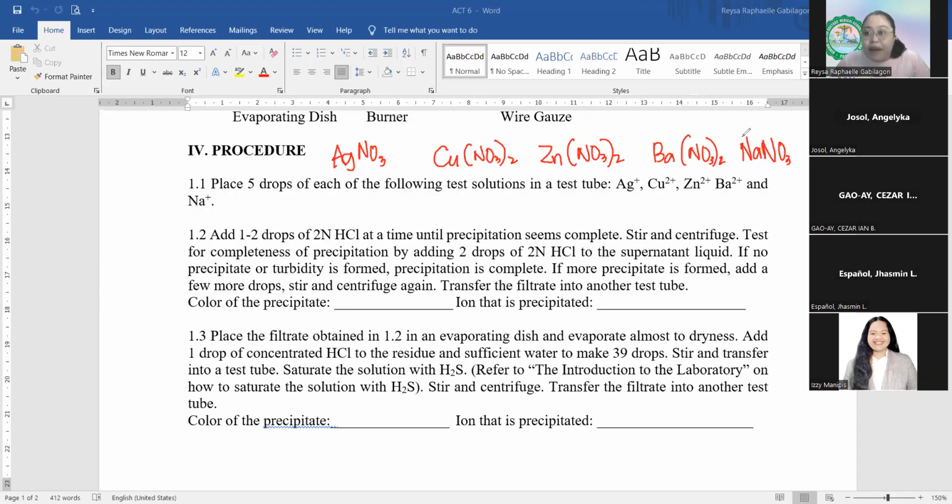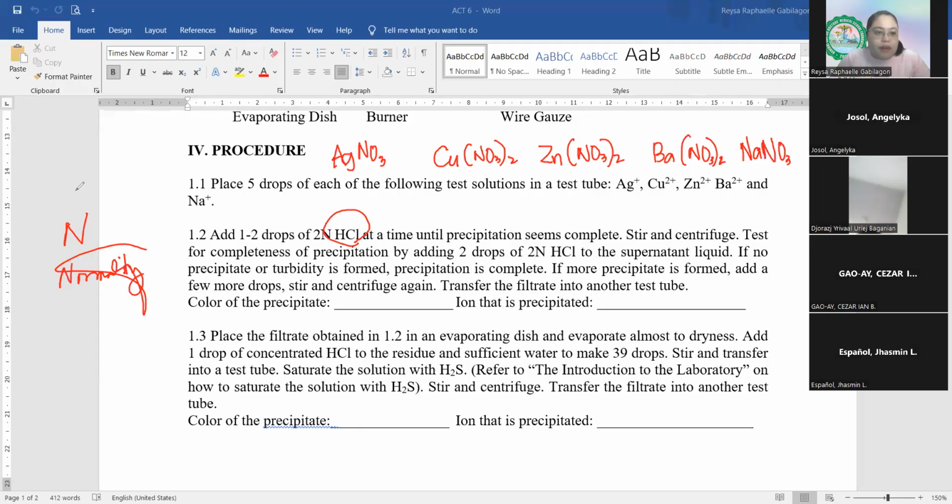So these are separate test tubes. The first reagent we used was 2N hydrochloric acid. The 2N there indicates the concentration. Capital letter N means normal, or the normality.